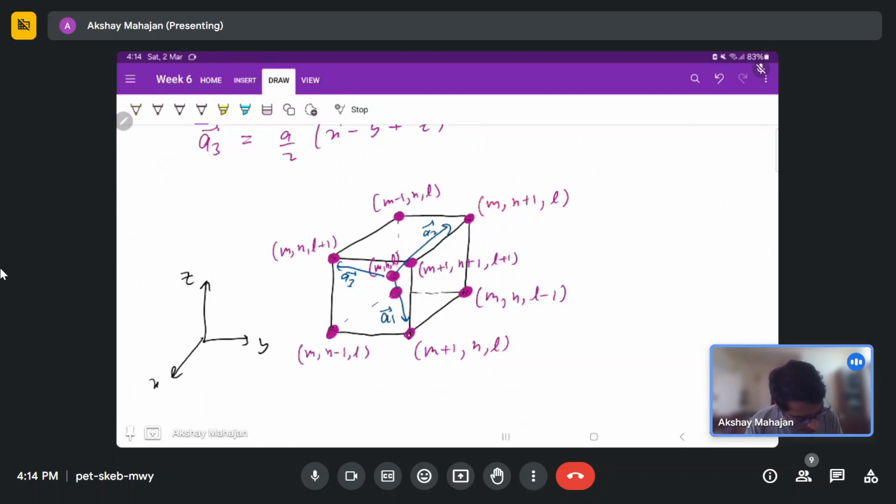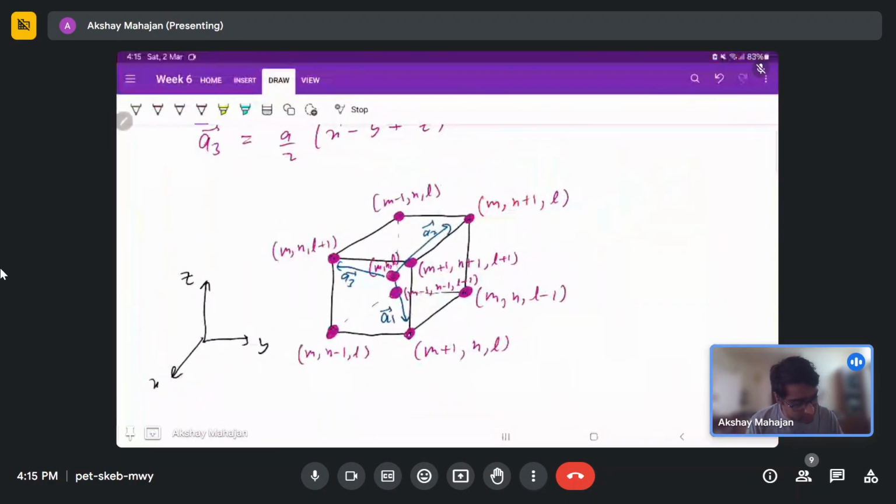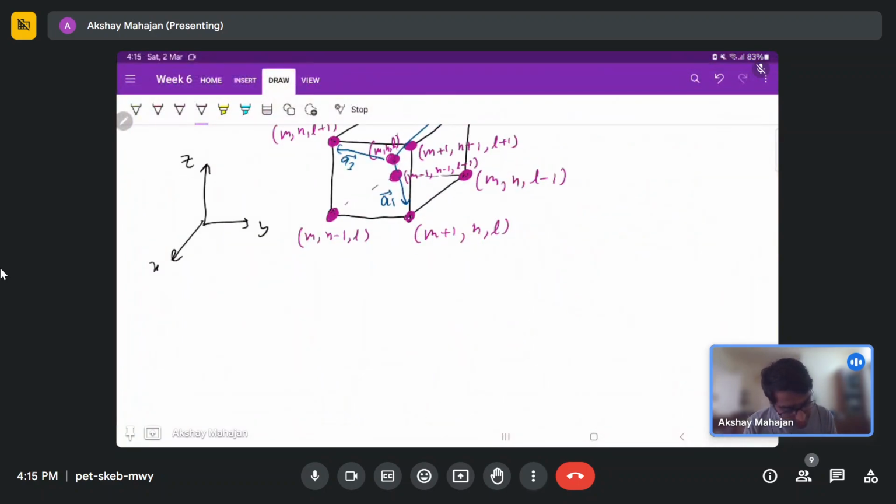Similarly, in the negative direction we will reach this point, whose coordinates are m minus 1, n minus 1, l minus 1. So these are the coordinates for our neighbors.